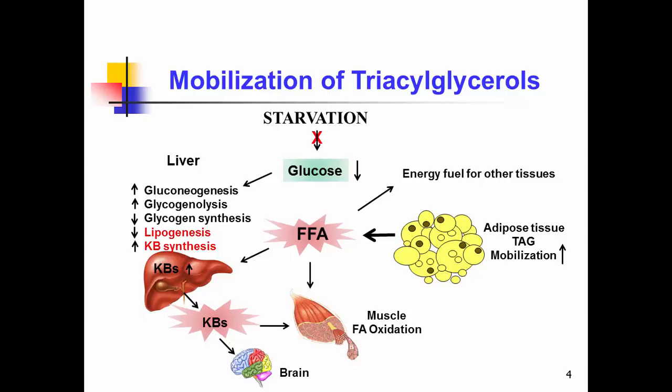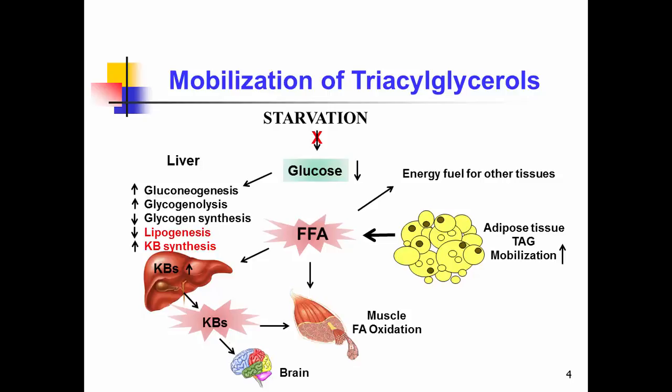So again, during the fasting condition, in addition to breaking down glycogen to release glucose, the liver can also make glucose through gluconeogenesis. And in addition to glucose, our body also utilizes fatty acids and ketone bodies, and of course amino acids, as alternative energy fuels.